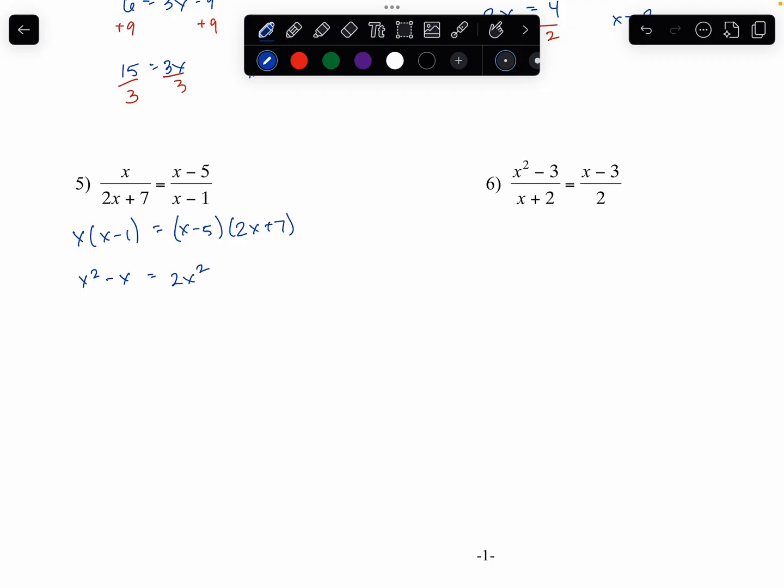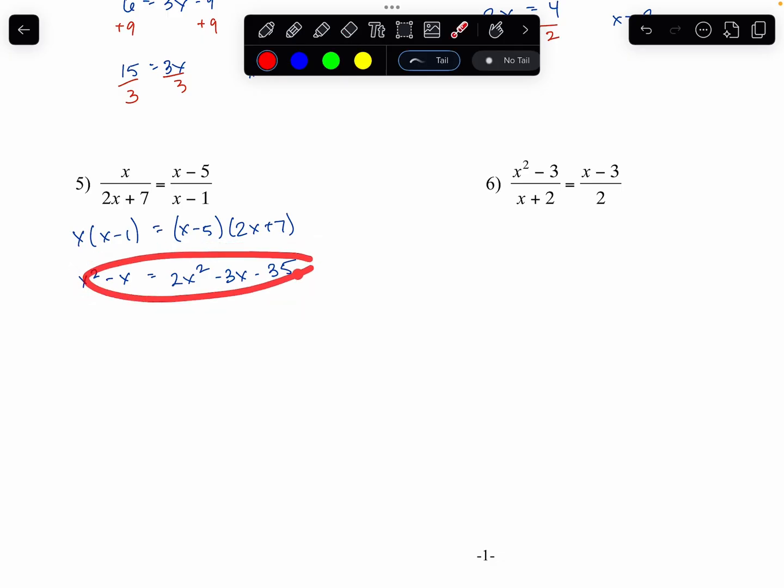I'll get 2x squared when I multiply that together, positive 7x, and then minus 10x for a total of negative 3x, and then minus 35. So now I don't have a linear equation, I have a quadratic equation, which means I am going to get everything onto one side.